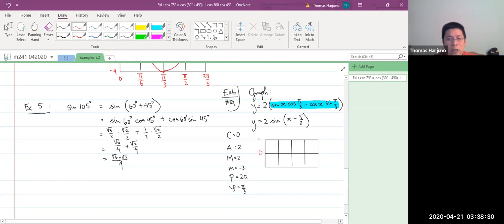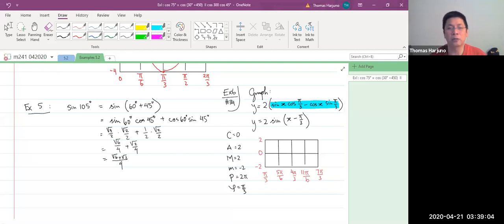Center is 0, the maximum is 2, the minimum is -2. The phase shift is pi over 3 plus 2 pi, that will be 7 pi over 3. This is 4 pi over 3. This is 5 pi over 6. And the graph is the graph of sine, so it starts from the middle, going up, going down.